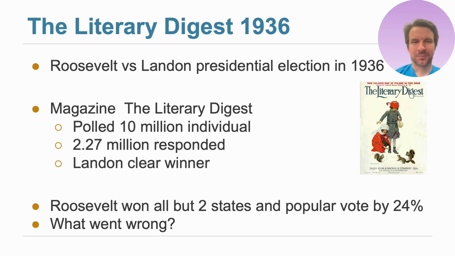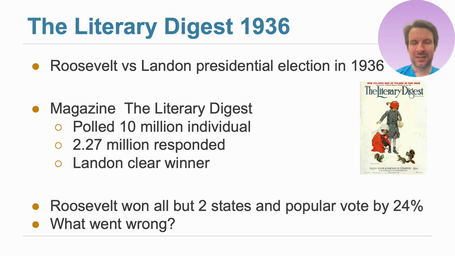There is a story, the Literary Digest, that made a history of bad sampling. It was for the presidential election between Roosevelt and Landon in 1936. The magazine polled 10 million people.